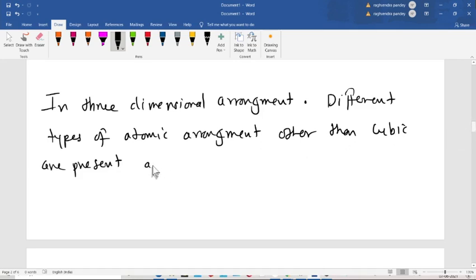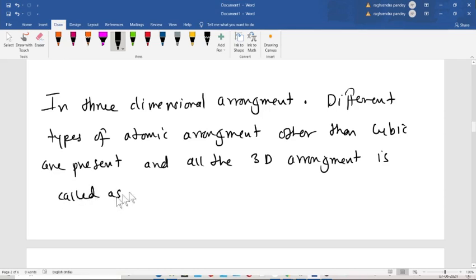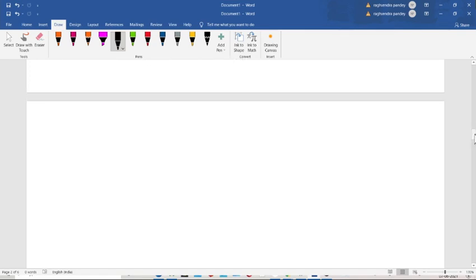and all the 3D arrangements are called crystal systems. Basically, there are 7 crystal systems.